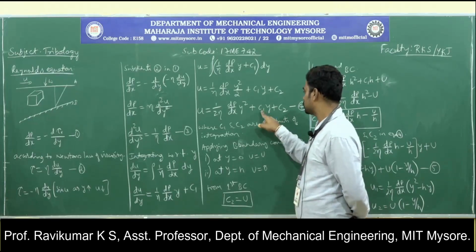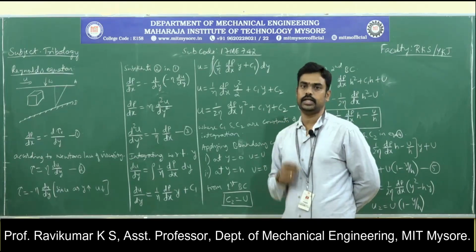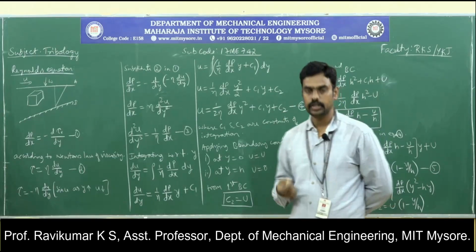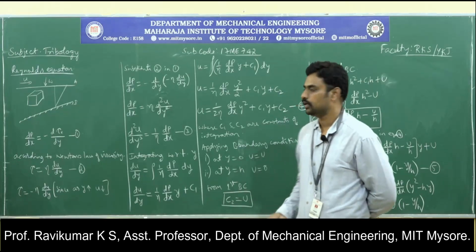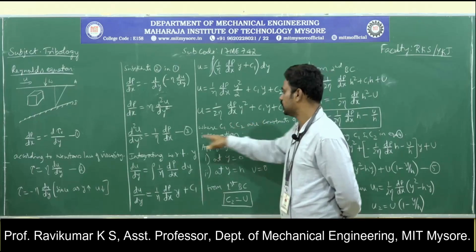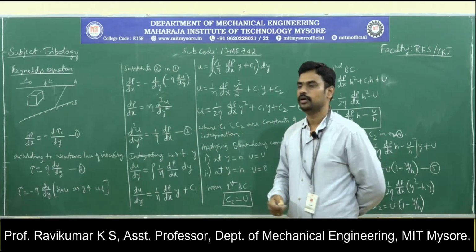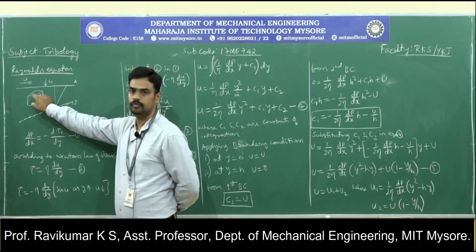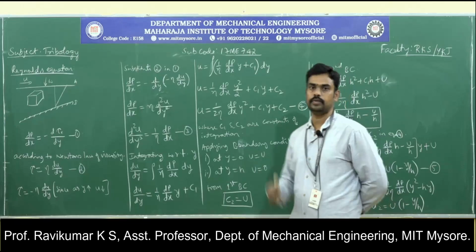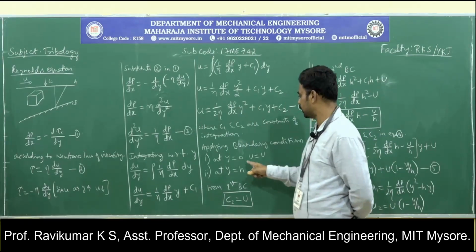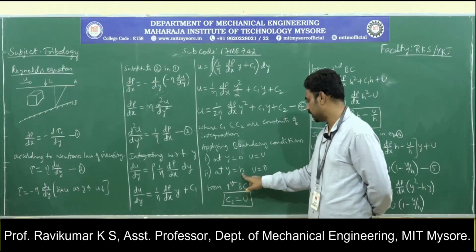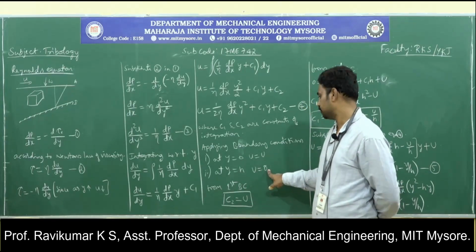In equation 4, C1 and C2 are the integration constants, which need to be obtained by applying the boundary conditions. Because we ended up with this equation by considering a small elemental fluid, we end up with some constants. These constants we can obtain by applying the boundary conditions. The boundary conditions are: at y is equal to 0, u is equal to U, and at y is equal to h, u is again 0.